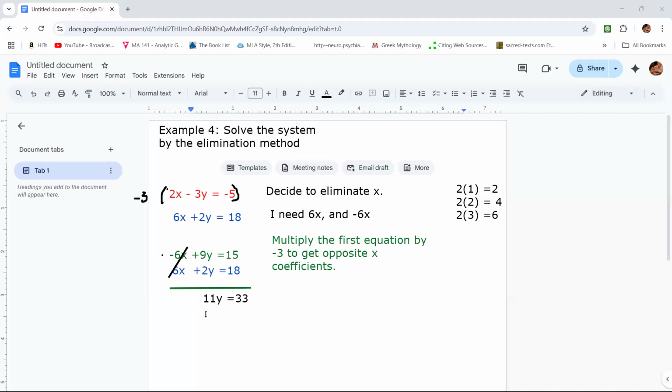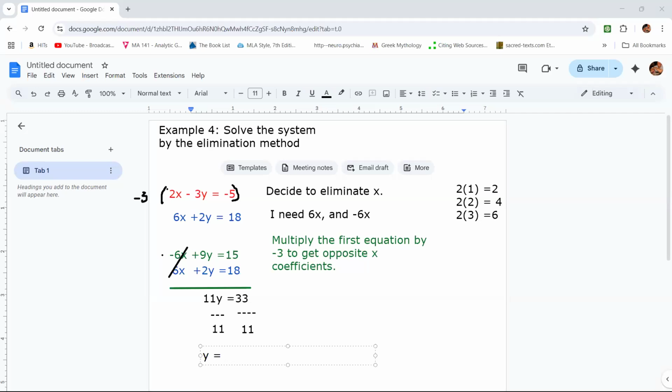Now, I divide both sides by 11. Divide both sides by 11. And I get y equals 3.